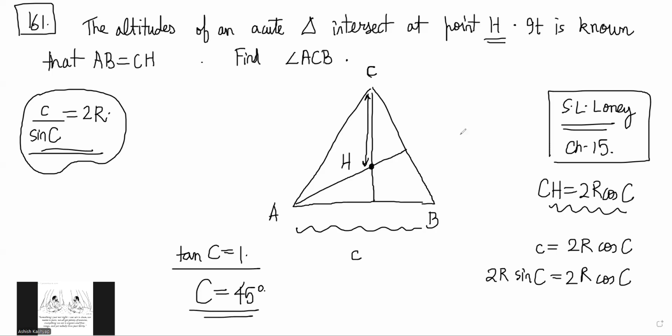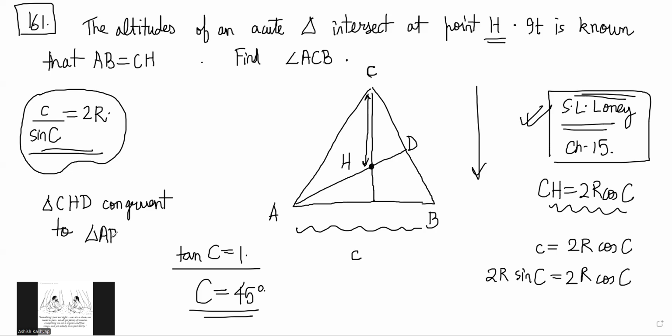So by trigonometry, this question is immediately done as soon as you know your chapter 15 SL Loney stuff. You should try to find a normal geometry solution also. The hint is to look at the triangle. I have not drawn the altitude D here. You should look at triangle CHD and prove that it is congruent to triangle ABD.